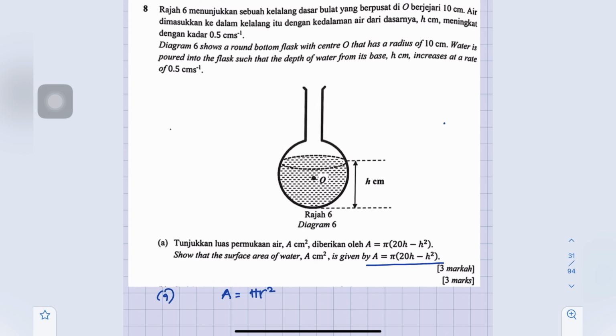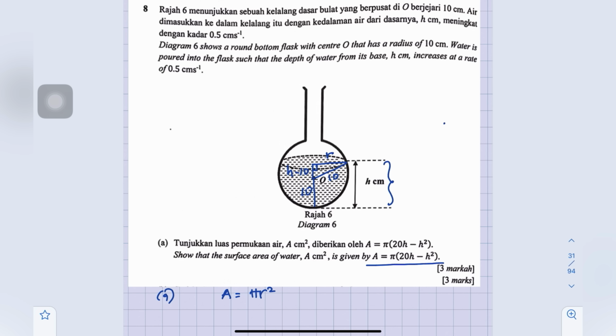So, first of all, we need to find the relation between r and h. Okay, so this one, let's say this is the radius. This one is the radius of the flask, which is 10. This one is the same, 10. So all this is h. Meaning that this one is h minus 10. Then we can see this is a right angle triangle.